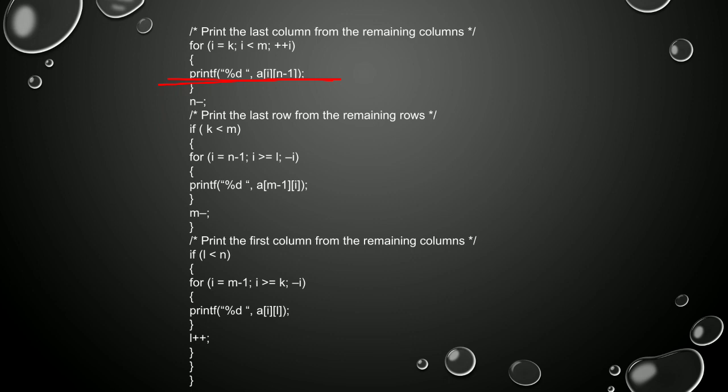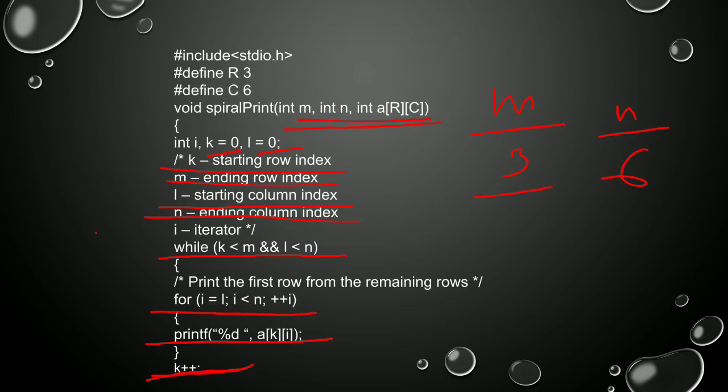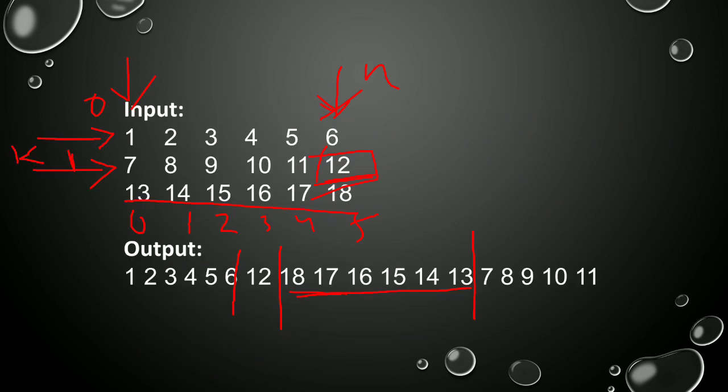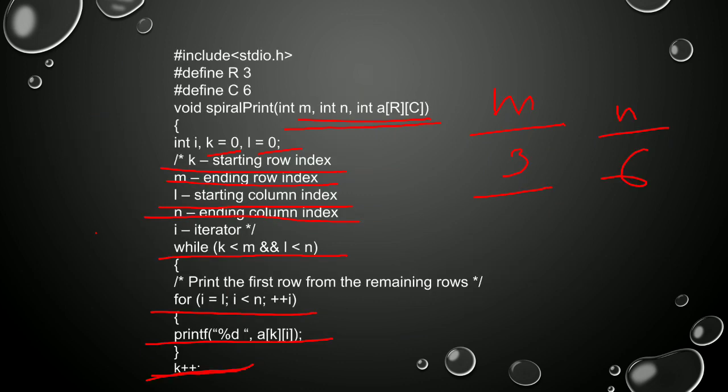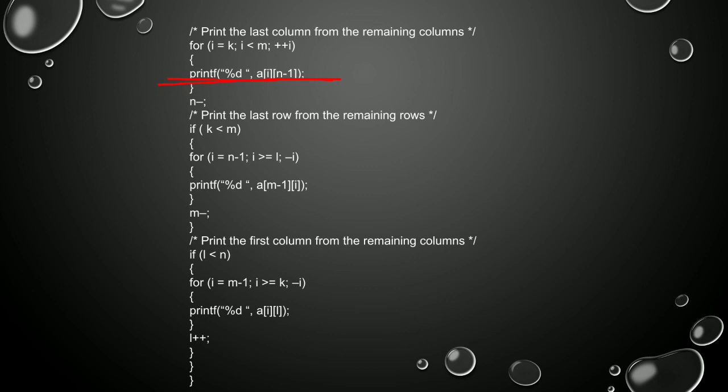So i is equal to k, i less than m, and i plus plus. k is incremented, and in this case we had printed only the 18, yeah. And here if k is less than m, that condition is satisfied. i is equal to n minus 1, 6 minus 1.